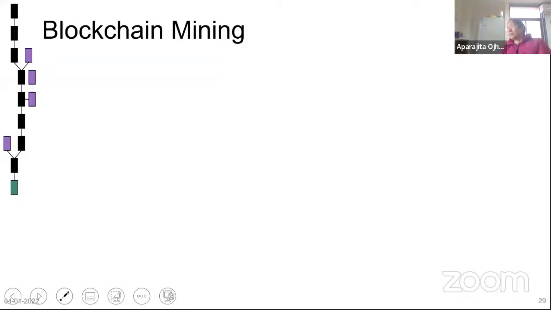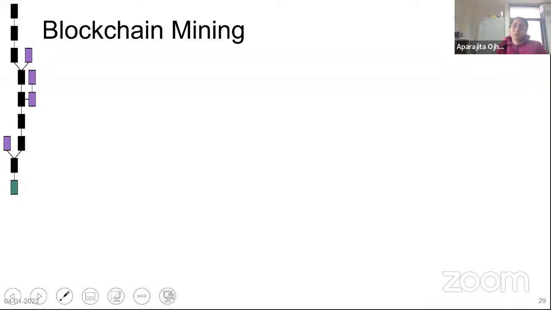People are given a puzzle to solve: what should be the block header? This block header should contain the hash of the previous block header, and some other associated values. And there is a number that has to be used only once; a number used only once is known as a nonce.